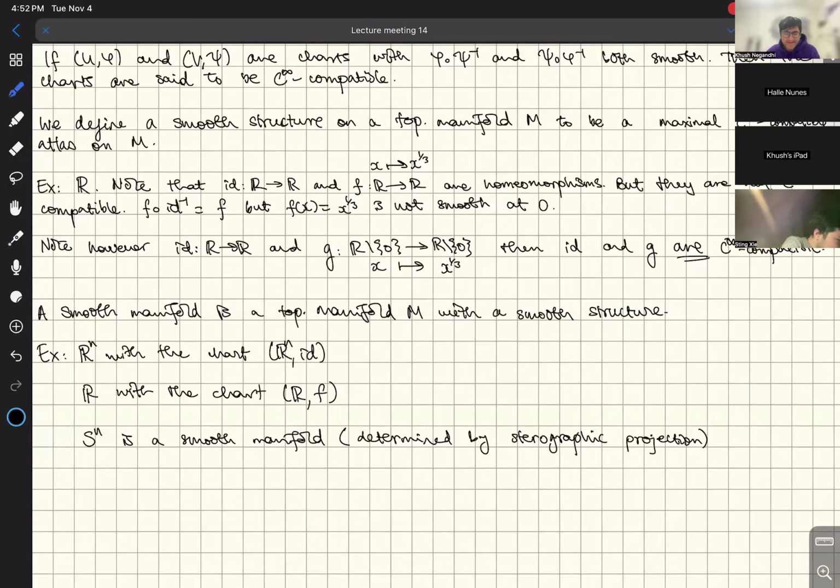We'll show that S^n is a smooth manifold with the standard structure using the regular level set theorem, because I think it's just easier that way.